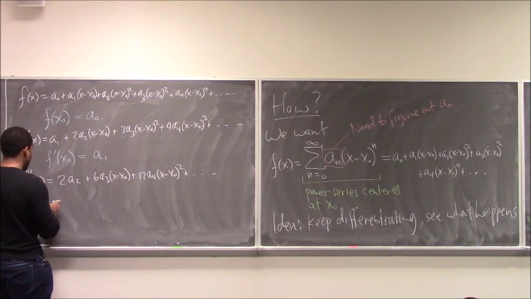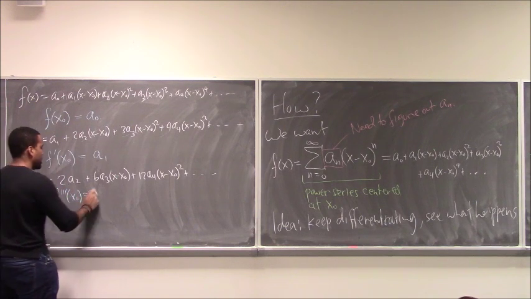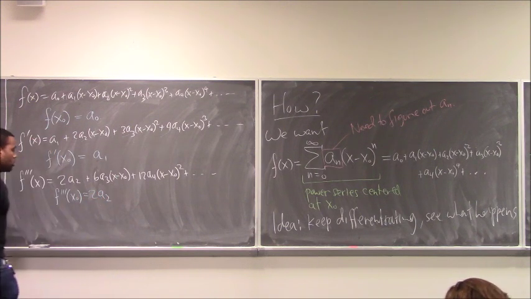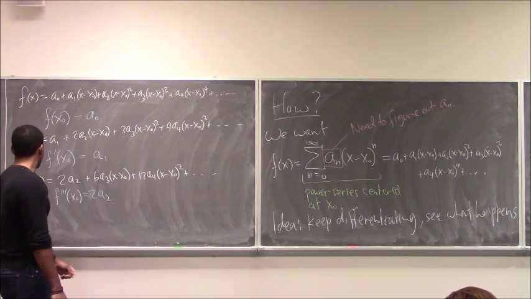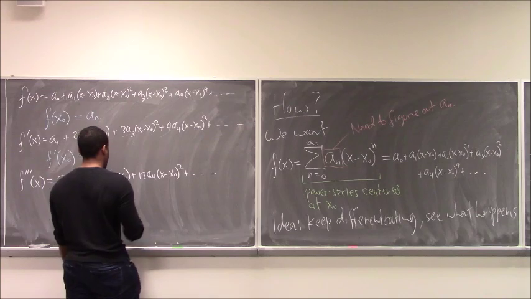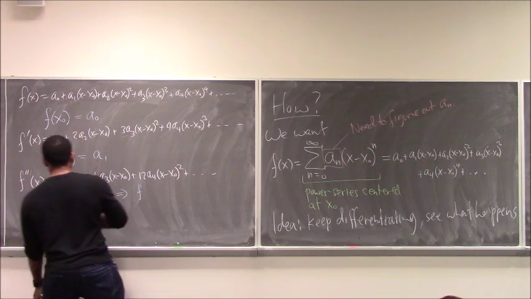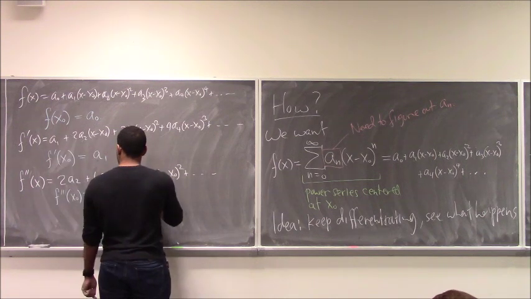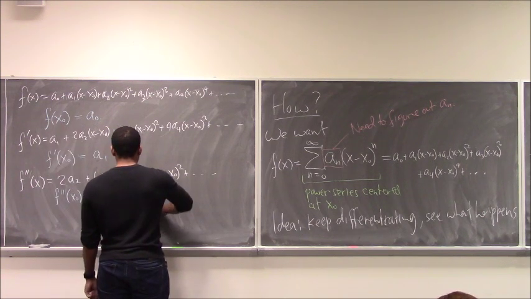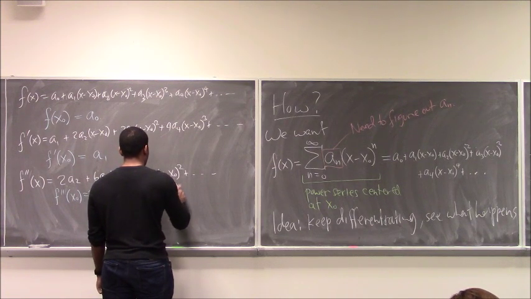Play the same game. If I take the second derivative evaluated there, that gives me 2a2. This is f double prime, so if I solve for a2, this is just going to be f double prime evaluated at the point over 2.